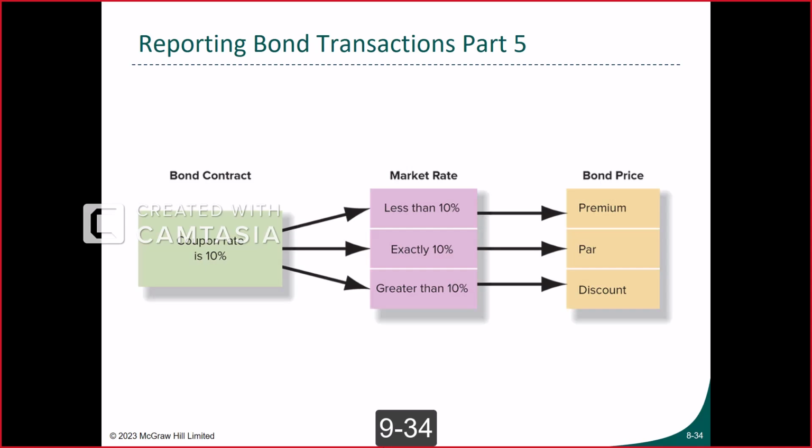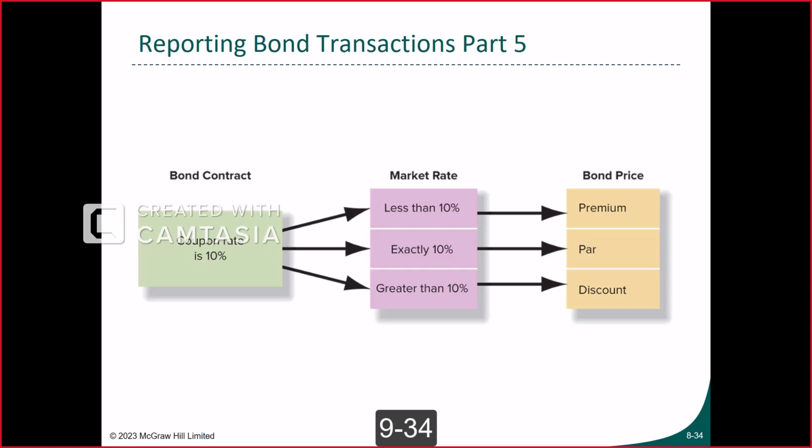So at the day the coupon rate is decided, we cannot know exactly what the market rate will be a few months later when the issuance is done. Am I clear, Natalie? That's why it is not under our control.